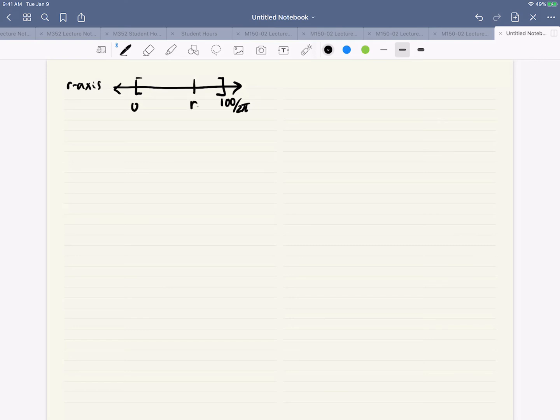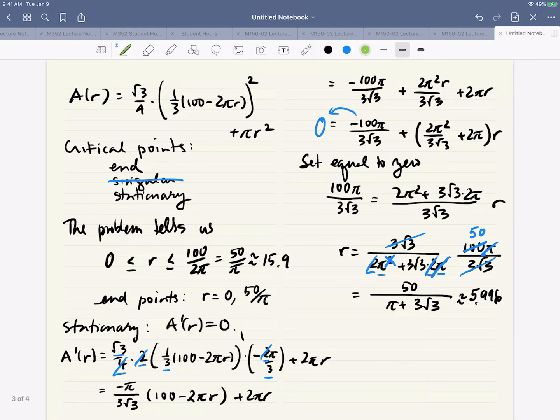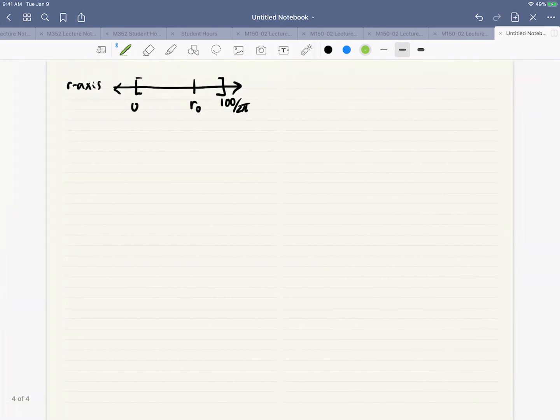And that stationary point I just found, I'm going to call it r0, because this is an awful lot to write, so just to abbreviate. And that's 50 over pi plus 3 square root of 3. Let's write that over here.